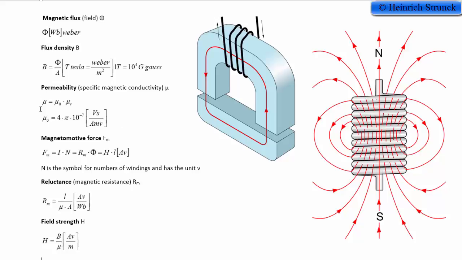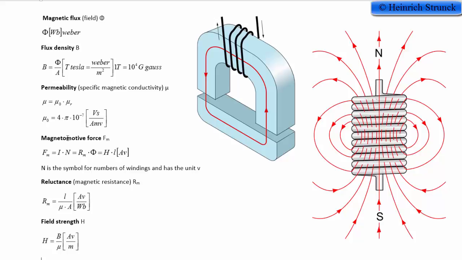We have seen this nearly before for the capacitor, for the permittivity, and it just has the letter epsilon instead. So permeability is for magnetic fields and how they can be conducted.